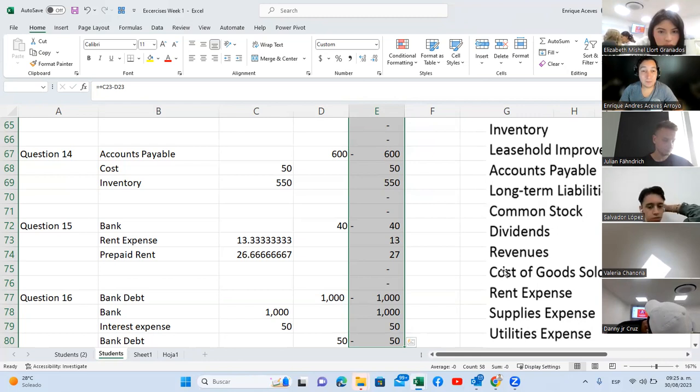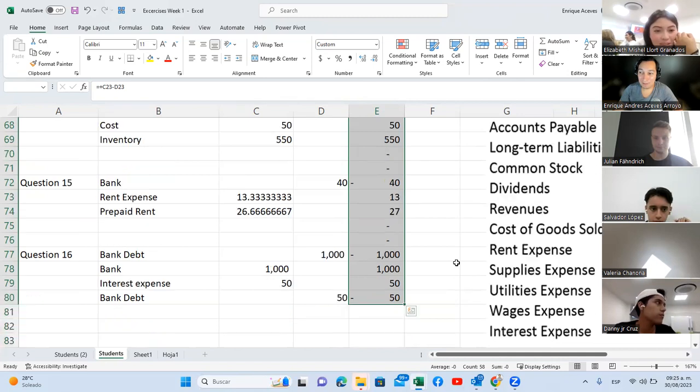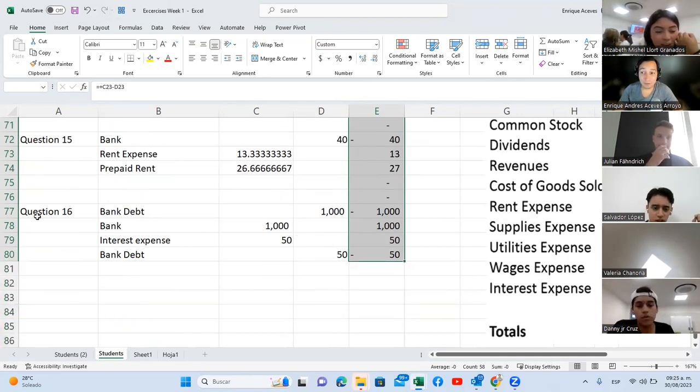Todos, thumbs up if you balance to zero. ¿Qué hiciste mal, Elisa? Checa tus registros contables. I'm checking it, but I can't find it. Everything, like the ones that are ready, they are on minus. Yo quería verlo por pregunta.